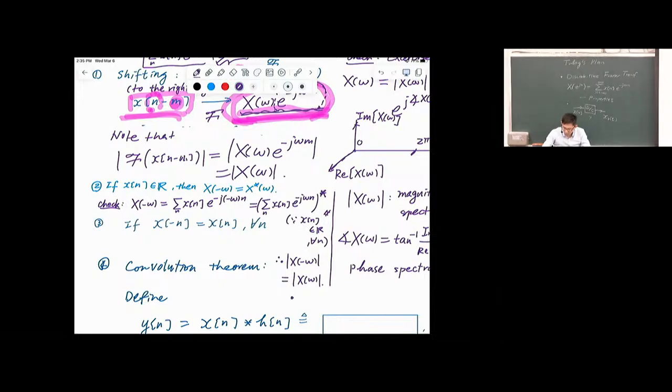One more consequence is that when we draw an illustration of any spectrum, often we draw a symmetric shape.